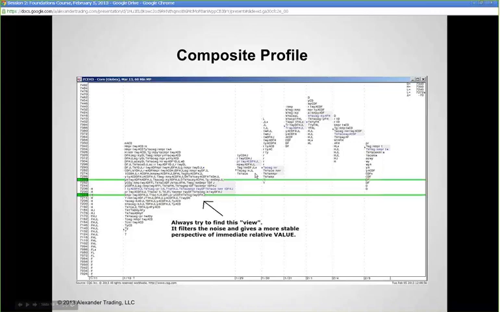Now, this is something else about a bar chart. What is this? This is all one auction, isn't it? This is a balance area. And here are your unfair lows, and here are your unfair highs up here.